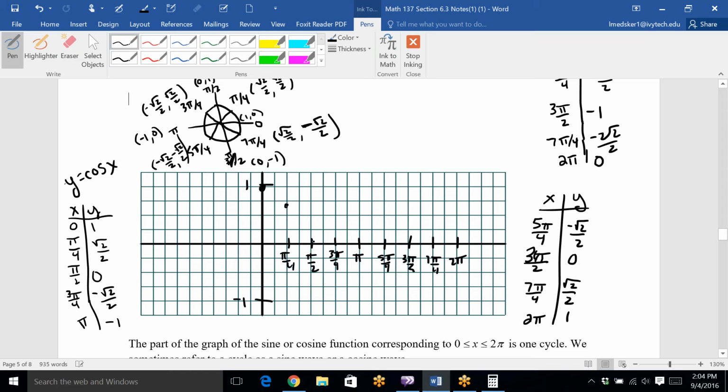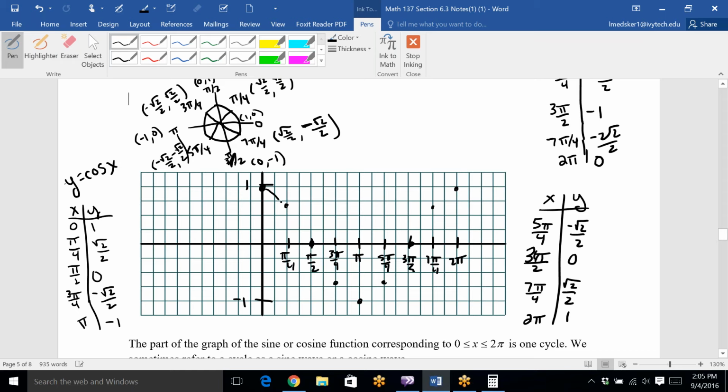We go down to 0 at pi over 2. At 3 pi over 4, we're down at negative square root of 2 over 2. At pi, we're down at -1. At 5 pi over 4, we're at negative square root of 2 over 2 again. At 3 pi over 2, we're at 0. At 7 pi over 4, we're at square root of 2 over 2. And at 2 pi, we're back up at +1.